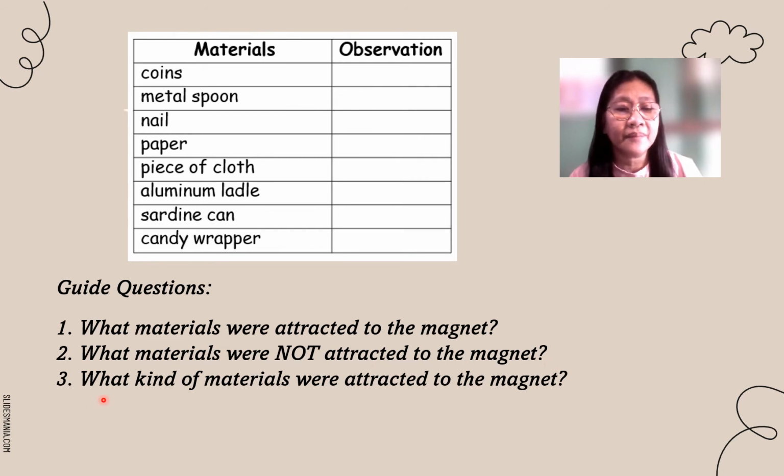Number 3. What kind of materials were attracted to the magnet? So you have to observe. What are these materials that are attracted to the magnet? What are they made up of? So you have to find it out. Okay?